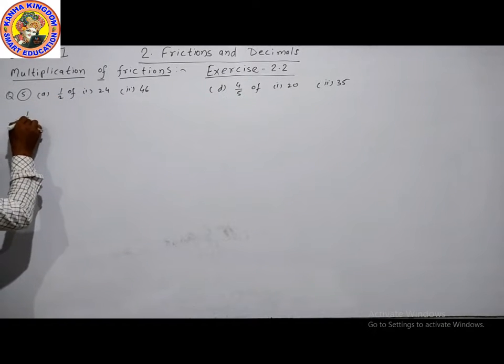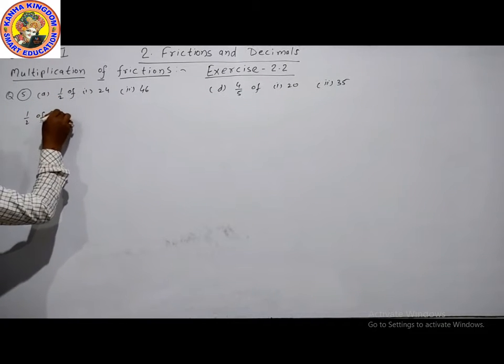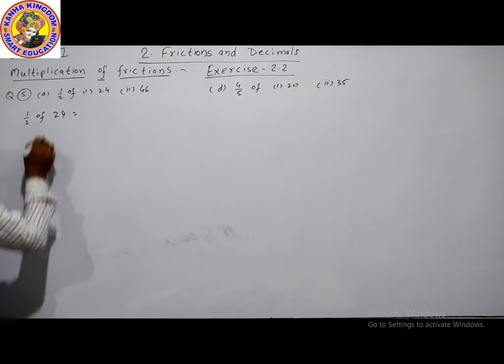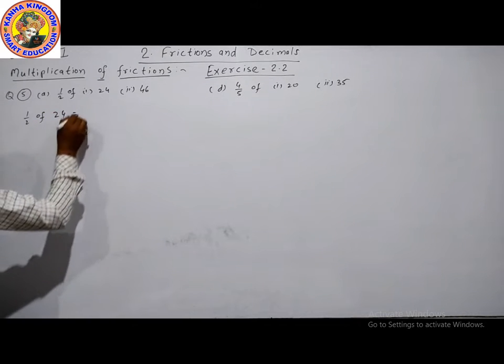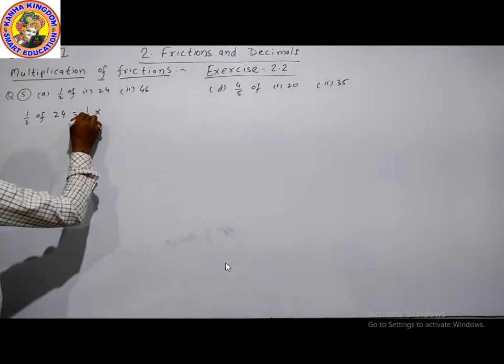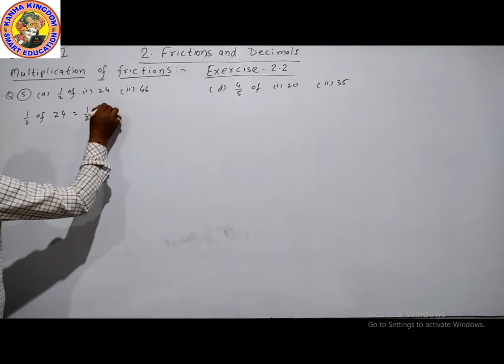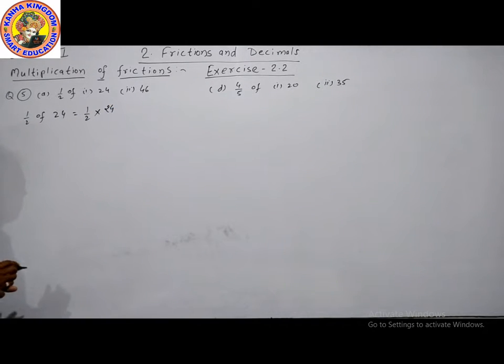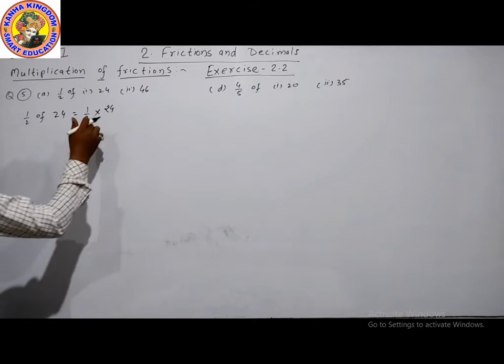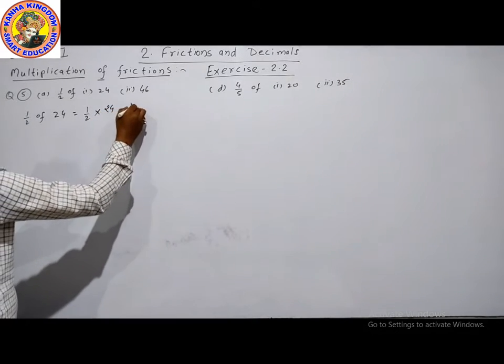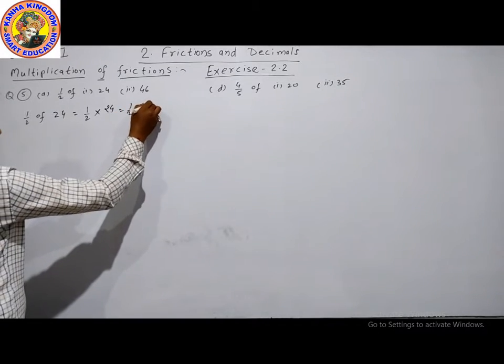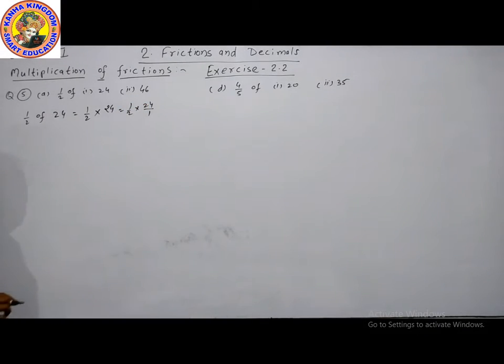First is half of 24. We know that "of" will be replaced by multiplication. In this multiplication, we will convert 24 into a fraction, 24 divided by 1.